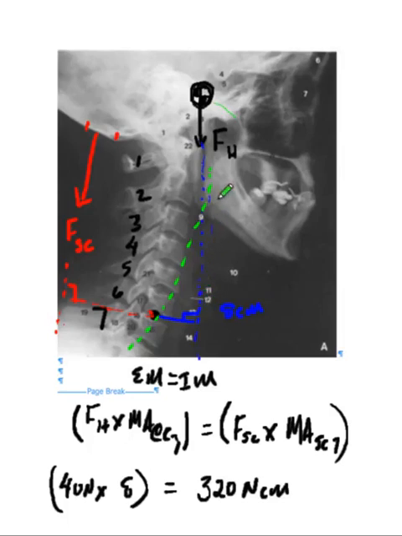And the effect of this is also going to be to draw the center of mass of the head anterior and inferior. So it will be somewhere over here basically. And this is what we call flat slouch sitting or forward head posture.